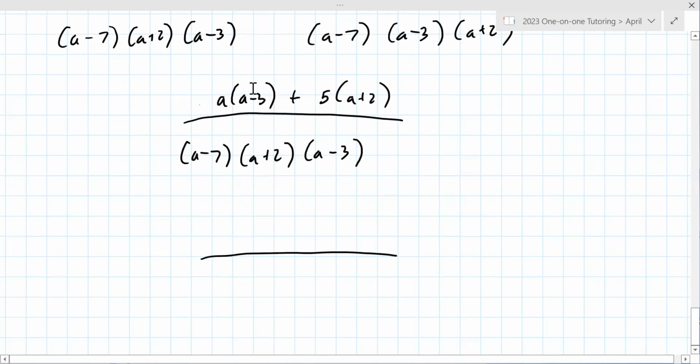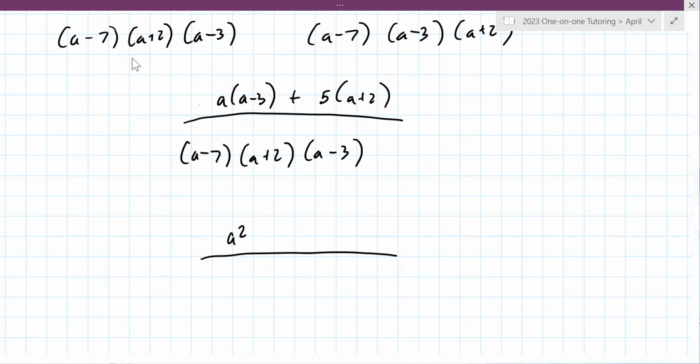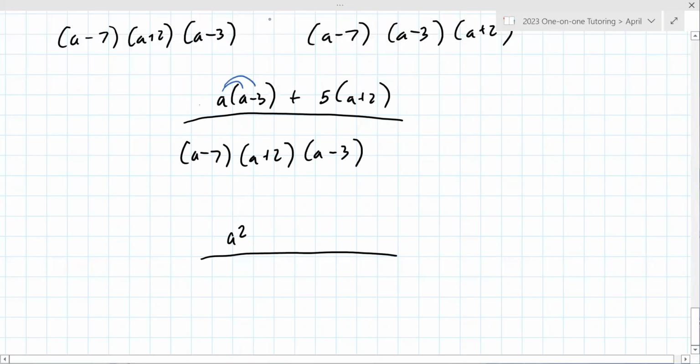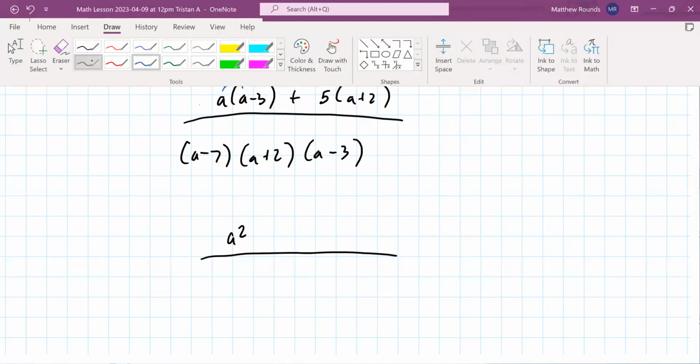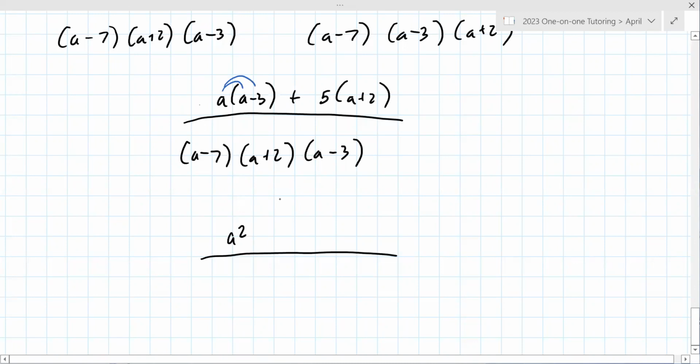Now in the tops, we're going to multiply the a times the two terms inside and the 5 times the two terms inside. So what is a times a? a squared. And a times minus 3? Minus 3a.